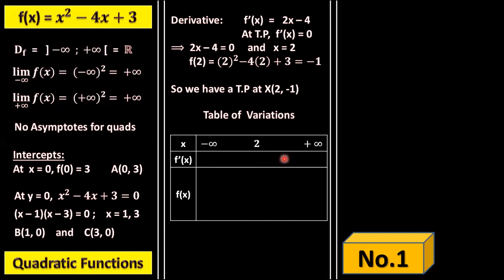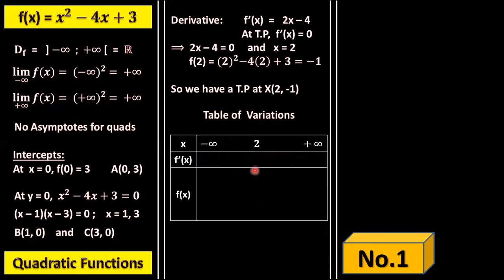Note that the variation table is some sort of sketchy representation of the curve. We want to see how the curve will look when it is sketched. So for f prime, we are going to use either negative to show that the curve is decreasing or positive to show that it's increasing. And we are going to substitute any value between -infinity and 2 in this region.